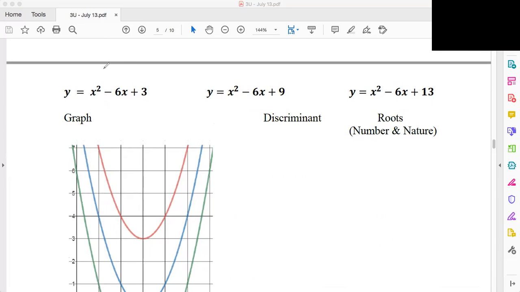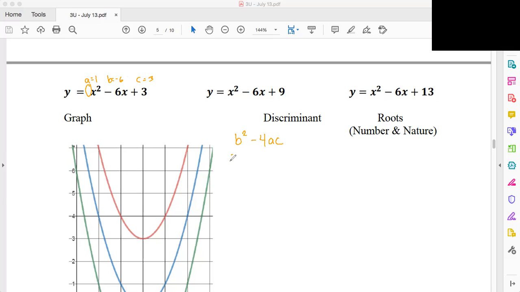So if we look at our first equation here, our a value is 1. If there's no number in front of our x squared, remember that it's just a 1. Our b is -6, and our c is 3. So we're going to do our b squared minus 4ac.